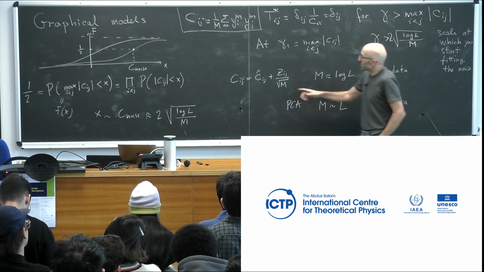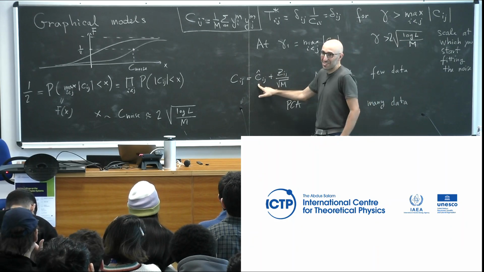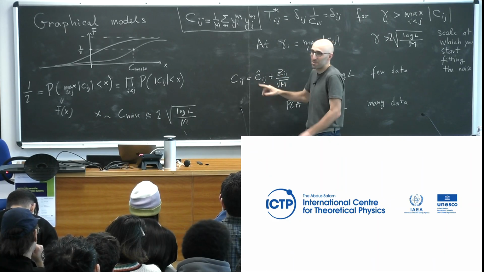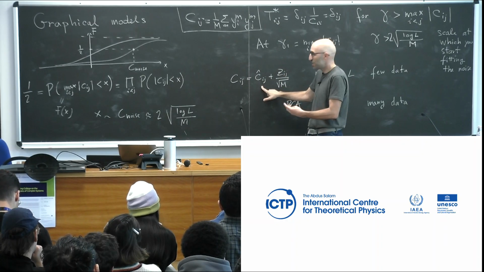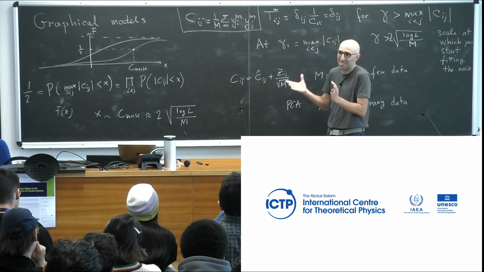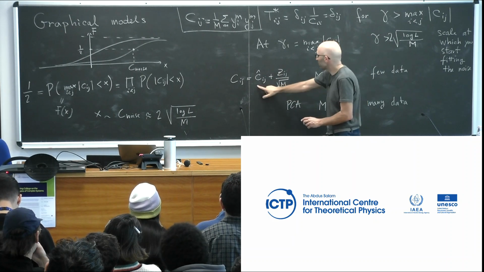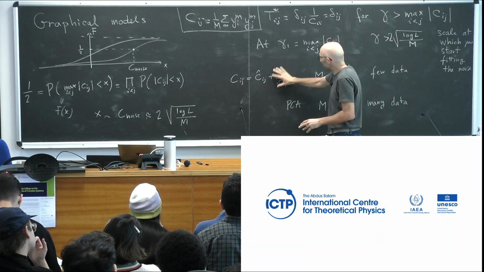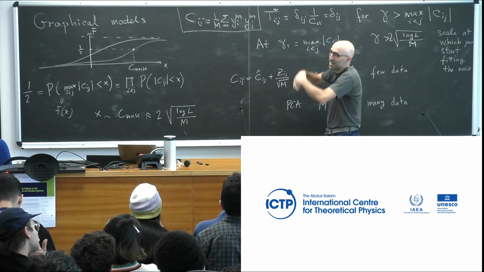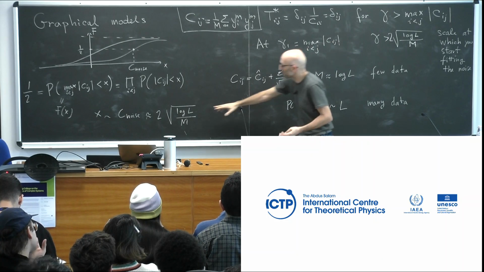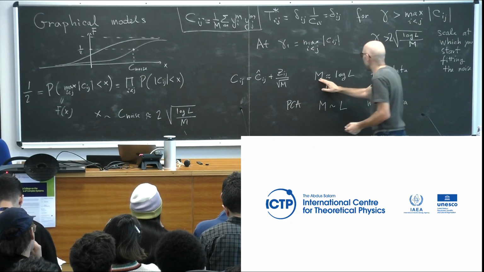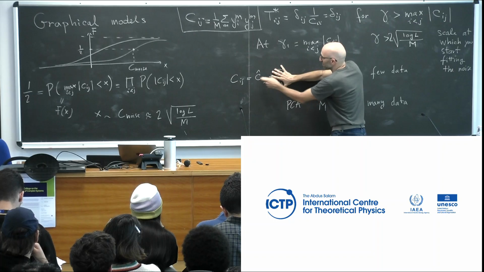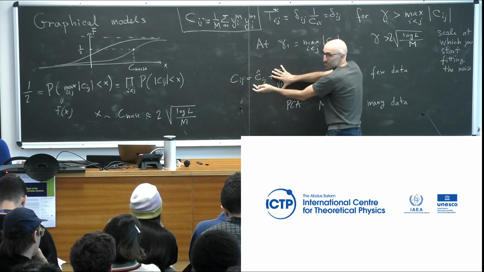So now maybe this comes to your question. If I have a signal, and I know my matrix is sparse, most elements are 0 and there are only a few that are non-zero, getting the non-zero ones is not that hard, because the noise is 1 over square root of M. Because there are L square elements, the biggest one is square root of log L over M. So as long as M is much bigger than log L, I can get rid of the noise and infer which ones are the non-zero elements.